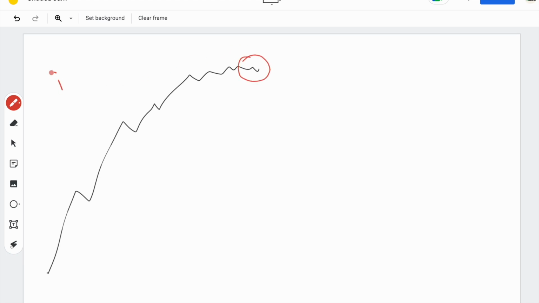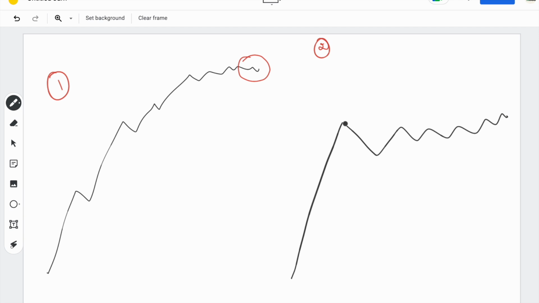This is stock number 1. Stock number 2 also went up, but it did like this, right? And it showed me the VCC somewhere here. Now, the indicator is only concerned with this entire circled region, which will look the exact same for both. It doesn't concern itself with all this.